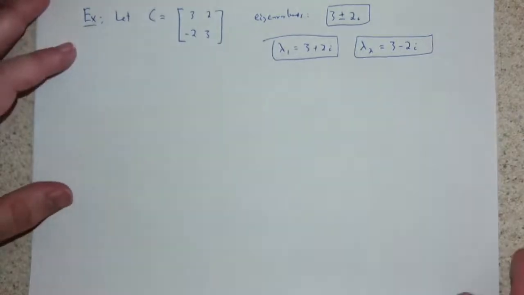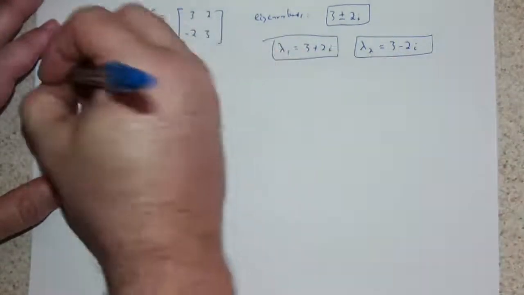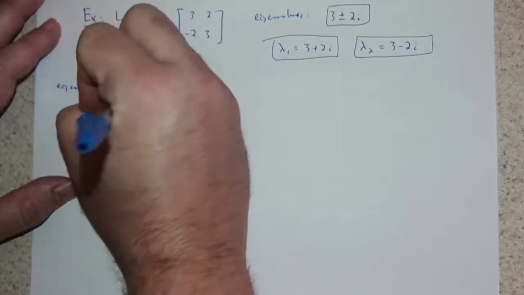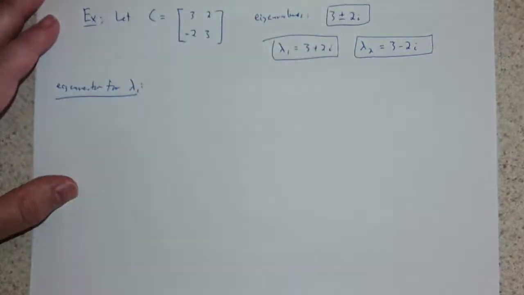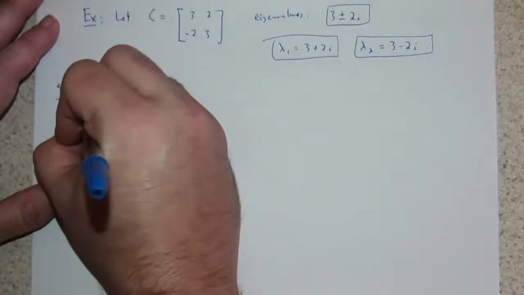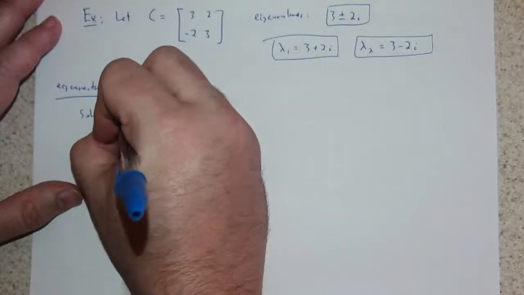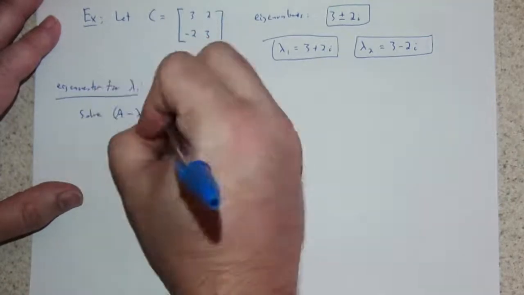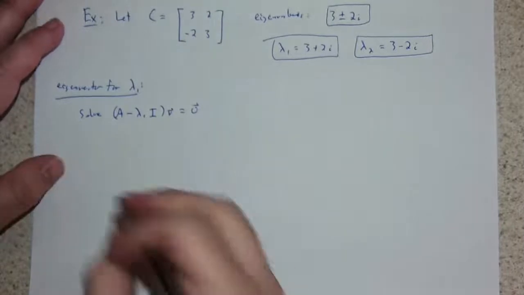So let's find eigenvectors for lambda 1. How do I do that? If I'm doing it the usual way, let's solve (C minus lambda 1 I) times v is equal to 0.